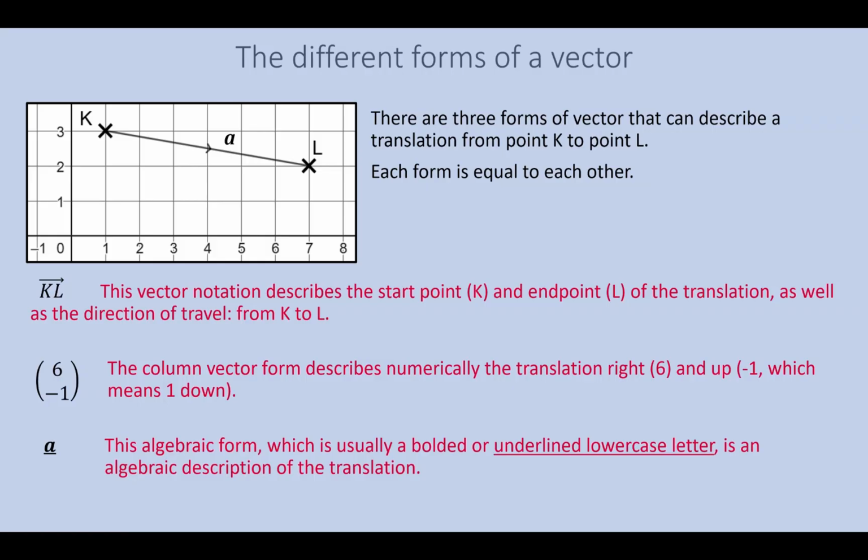Why it's underlined is because the tradition is to distinguish a vector from a normal algebra letter. You are able to tell it's a vector when it's bold, when it's typed. When we're writing it, underline it. However, for your GCSE paper, if you don't underline, it is okay. They won't penalize it. You won't get any less mark.